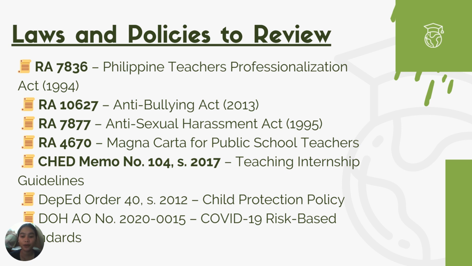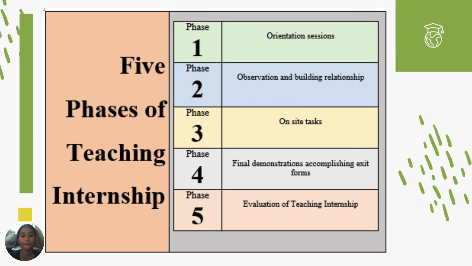DepEd Order Number 40 Series of 2012. This law ensures that schools adopt measures to protect children from abuse, exploitation, and neglect. The DOH Administrative Order Number 2020-0015. So this provides health and safety guidelines for schools in response to COVID-19.